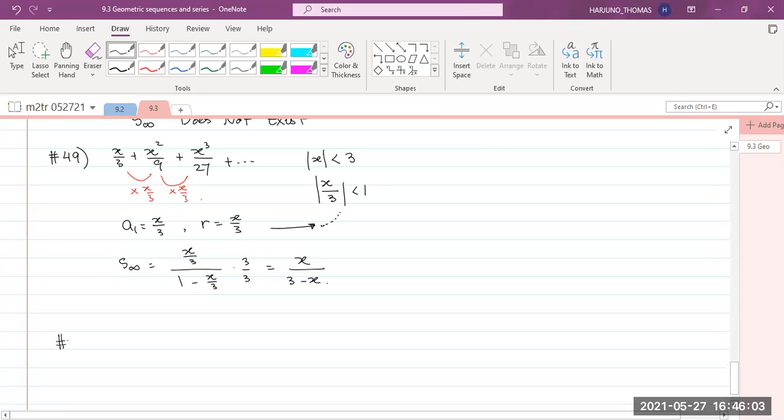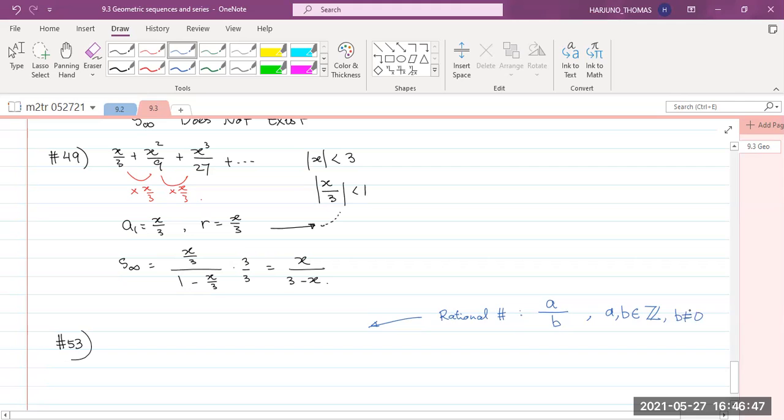Number 53, and for me, this is important. Sometime in the past, in our arithmetic or pre-algebra, we learned that a rational number is a number that can be expressed as an integer over a non-zero integer, a over b, and b is not 0.